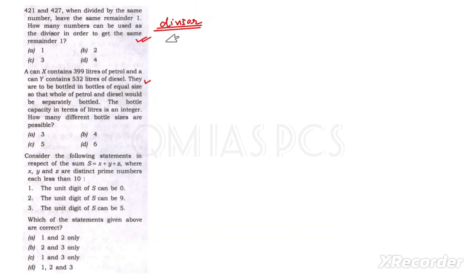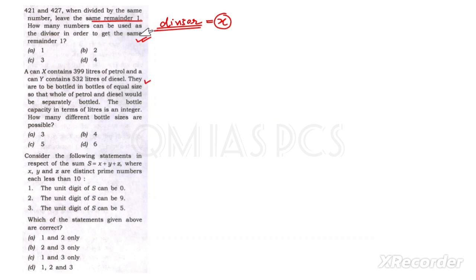Let the divisor be x. We are getting the same remainder, the remainder is 1. So how many numbers can be used as divisor? So we have to find the number of values of x. What can be the values of x? Those numbers.